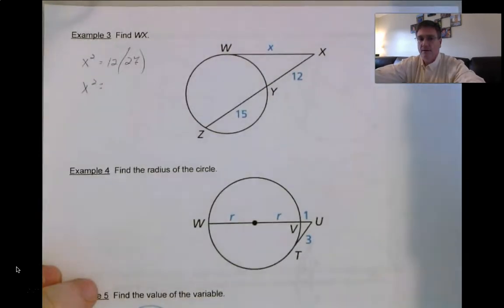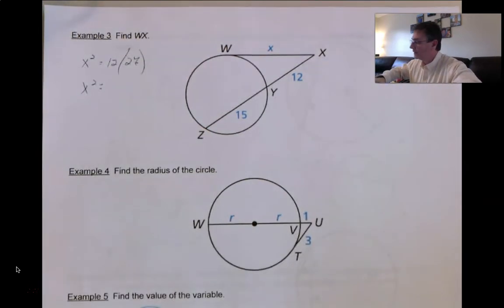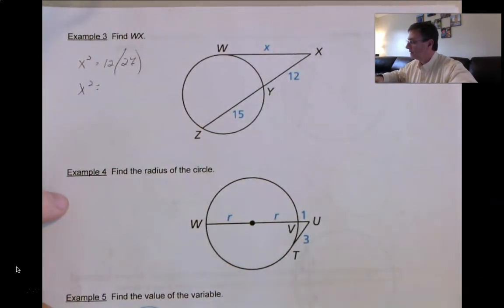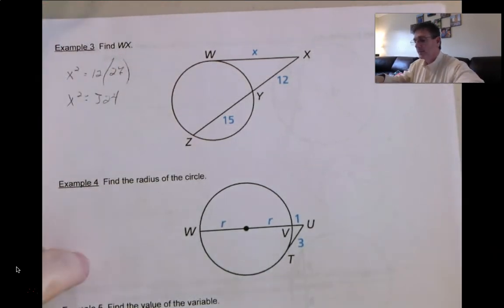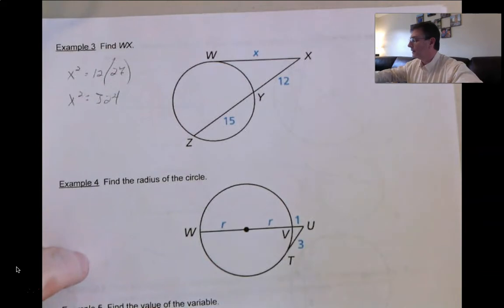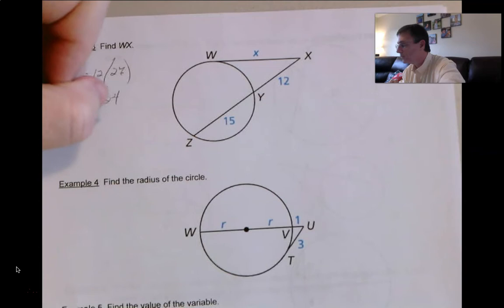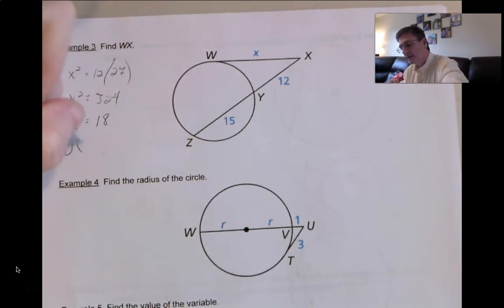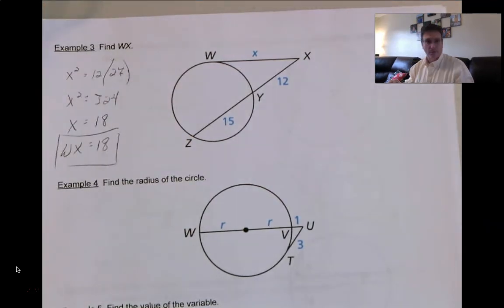I'll grab my calculator here. 12 times 27 is equal to 324, which is probably going to be a nice perfect square. Square root both sides. X equals 18, which is what we were looking for.